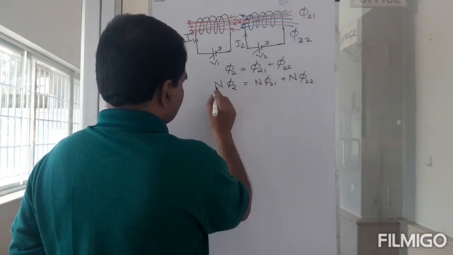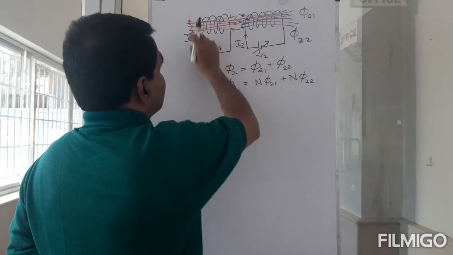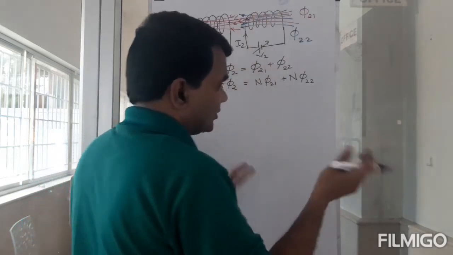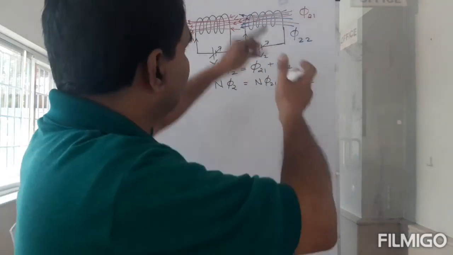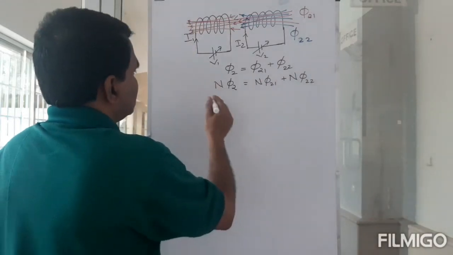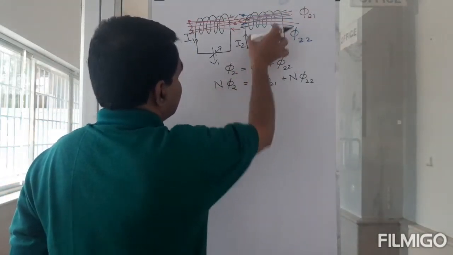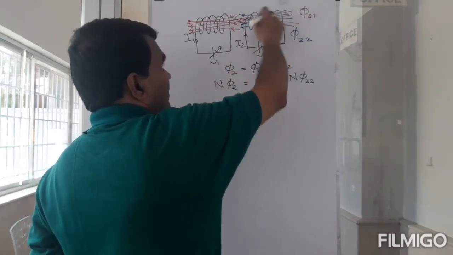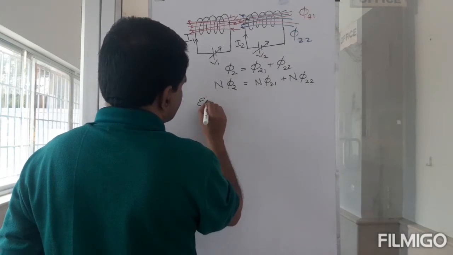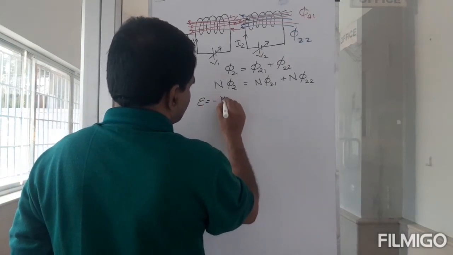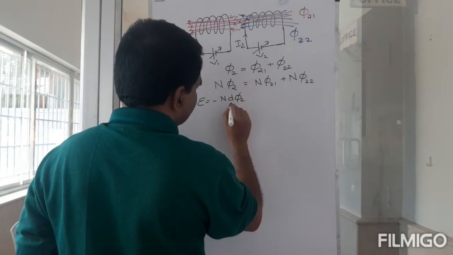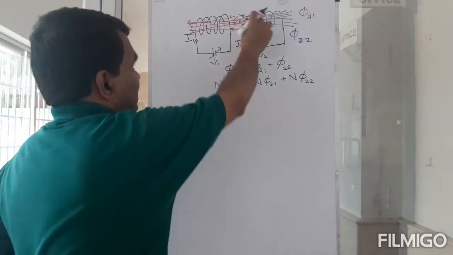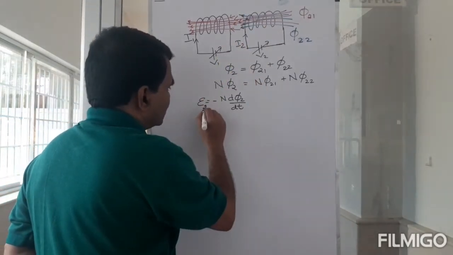What is the EMF induced now? Suppose the current I1 is changing, and I2 is also changing. So the total flux is changing. Which means, what is the EMF induced in this coil? The EMF induced in this coil is simply the rate of change of the total flux in the coil. So E is equal to minus N d phi 2 by dt. That is the EMF induced in 2.